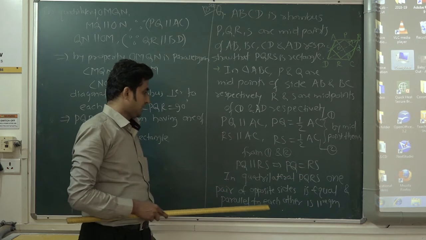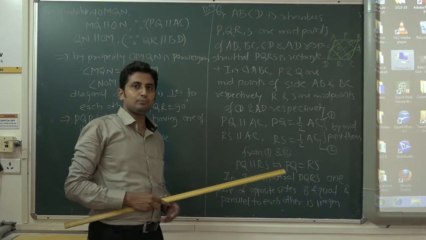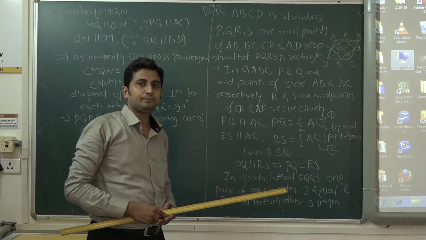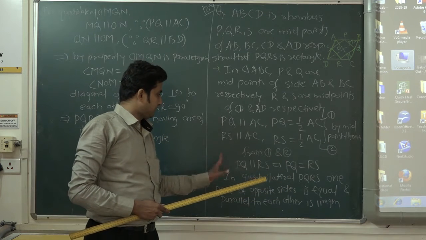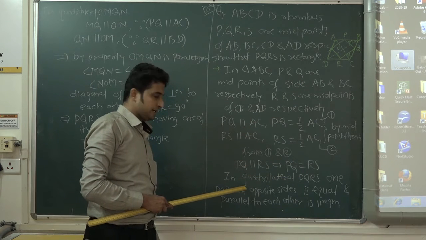Now, according to the property of parallelogram, the opposite sides of a parallelogram must be equal. So PQ equals RS, as we showed here.